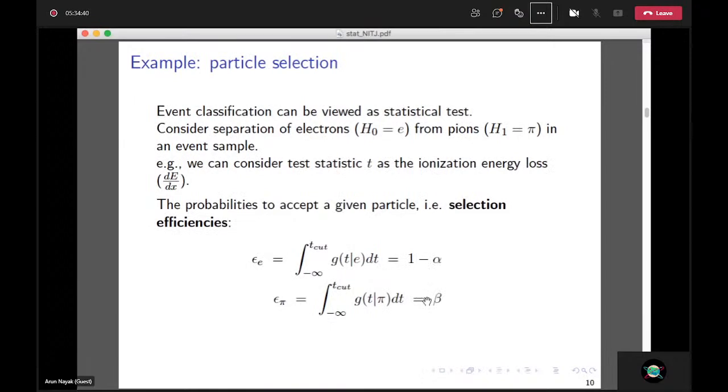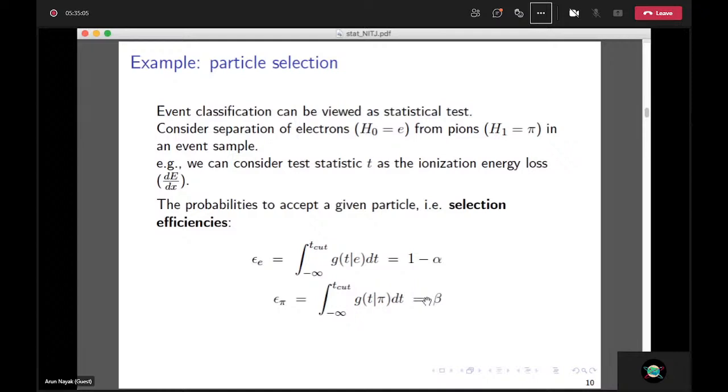So here I give one example from my field. Suppose we have two sets of particles, say electrons and another particle called pion. When a particle passes through some material, it loses its energy, but different particles lose energy in different ways.